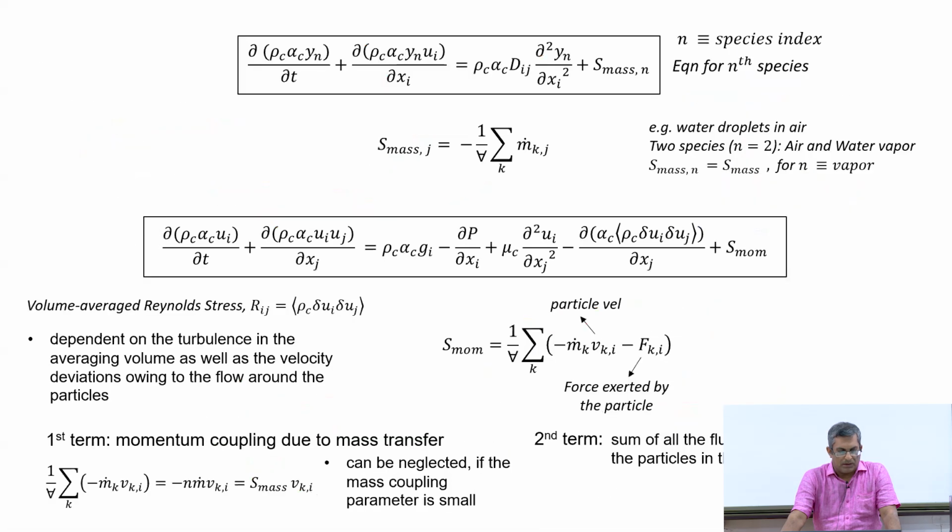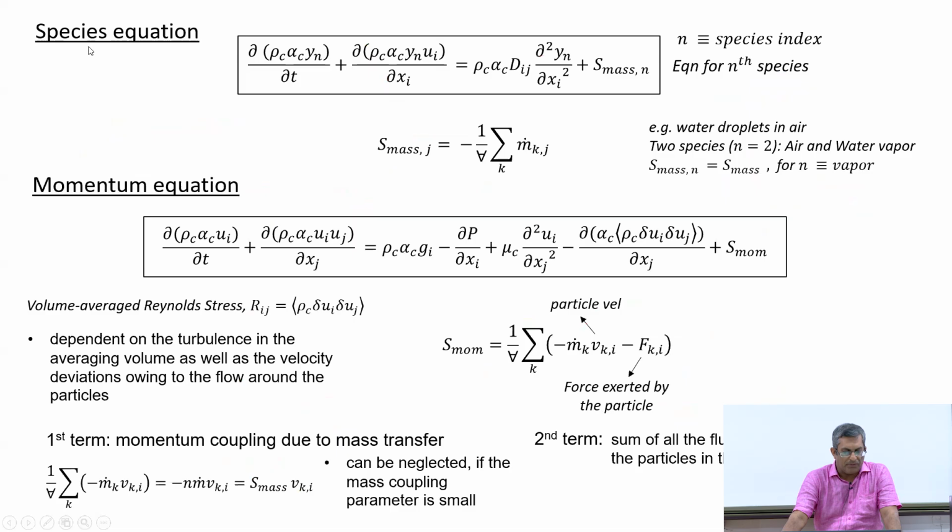Next, similarly we can have the species equation. Here also we have a source term. I am not deriving all the conservation equations again, we can do it in a similar way as we did for the continuity equation.